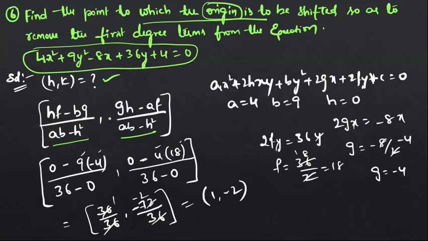So how do we find the values of h, f, b, g and a, all these values? For that we need to compare this given equation with the general equation. So what is the general equation? a x square plus 2hxy plus b y square plus 2gx plus 2fy plus c is equal to 0, right? So here what is a? See, the coefficient of x square is nothing but a.